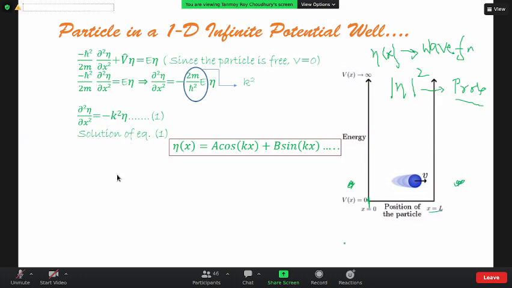No, no, no. The particle is between 0 and L. The probability of finding the particle to the left of x equal to 0 is 0, and the probability of finding the particle to the right of x equal to L is also 0. Am I right?